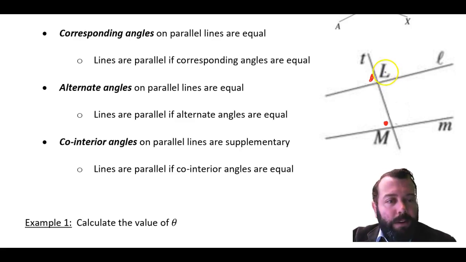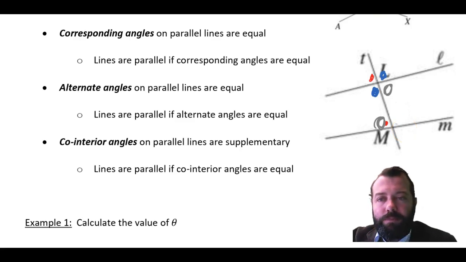Now, if I had angles like this and this, they're vertically opposite angles. Okay, that's what we call vertically opposite angles. Let's have a look at, we can have alternate angles. Right, this one here and this one here. They're alternate angles, right? They're both sort of inside my pair of lines, but on opposite sides of the transversal.